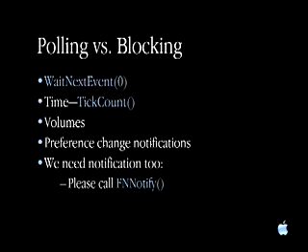So just to make sure we're all on the same page here, you really shouldn't be using wait next event 0. The very simple way to get rid of it is, if you have something that you want to do periodically, set a Carbon event timer to do it with the frequency that you need, and use wait next event with a very long timeout.